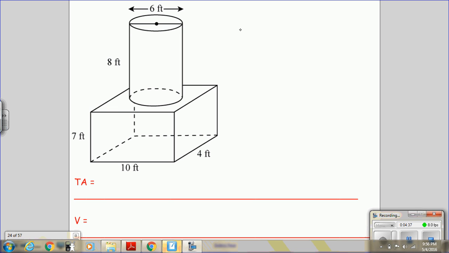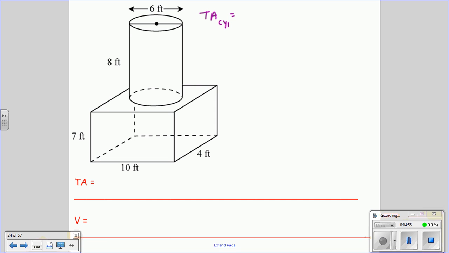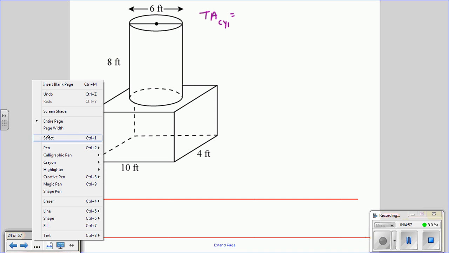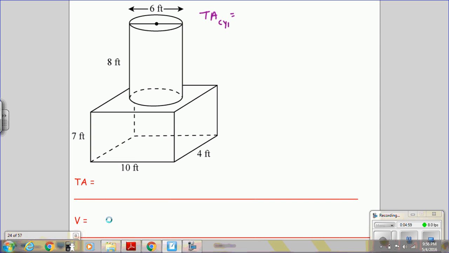Starting with the total area, you're going to find the total area of each individual piece and then add them together. So the first thing we're going to do is find the total area for the cylinder. The formula for that was, let's look at our handy dandy chart, again, if we forgot, which I did.